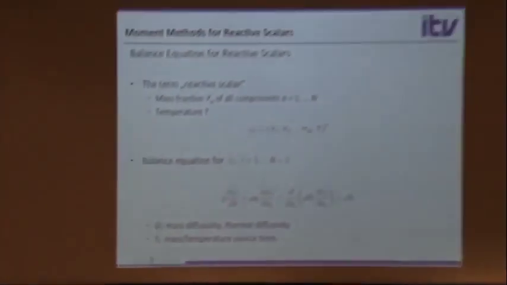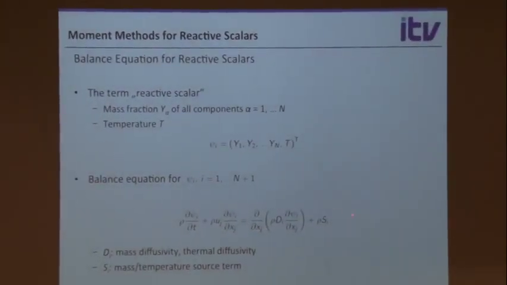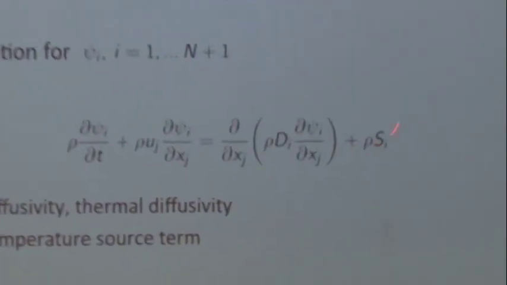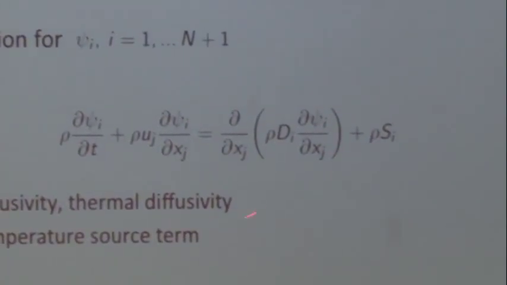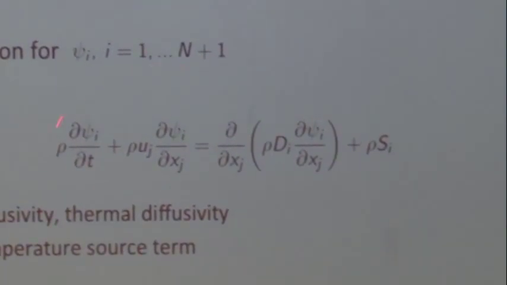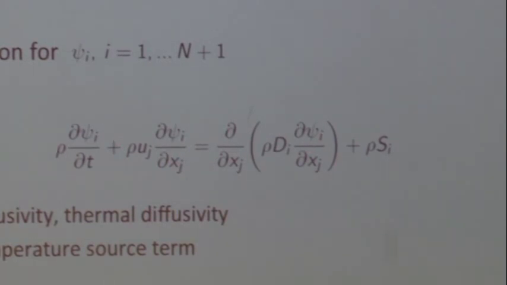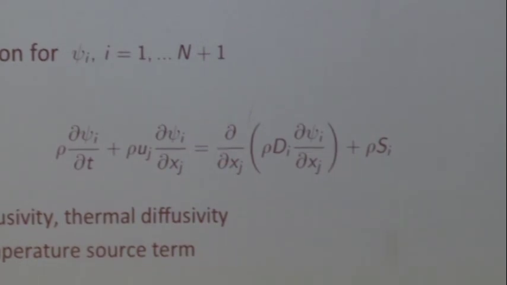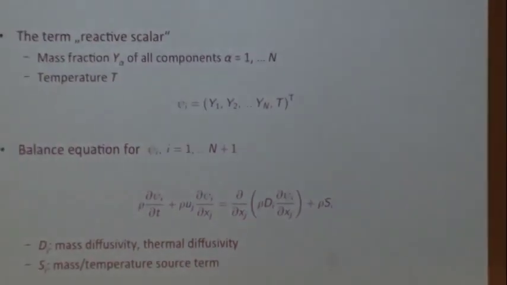Then we can write the species equation and the energy equation, the temperature equation, in the same form. And then you see you have a diffusion term or heat conduction term here, and then you have the chemical source term. Okay? And so we can just look at an equation like this and keep in mind this could be any reactive scalar here.